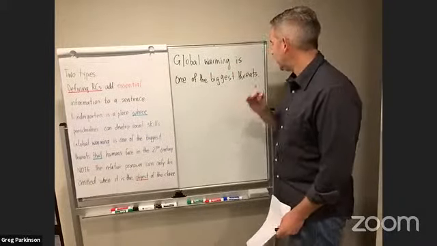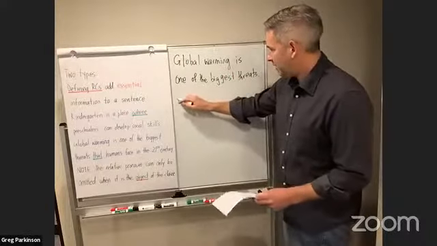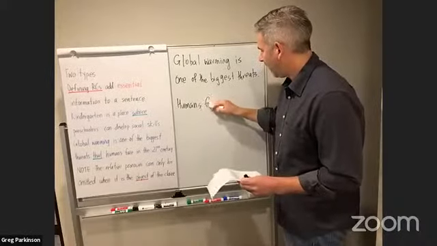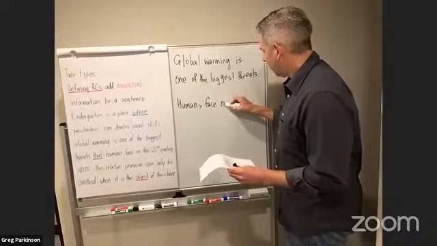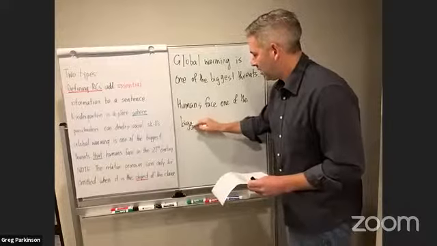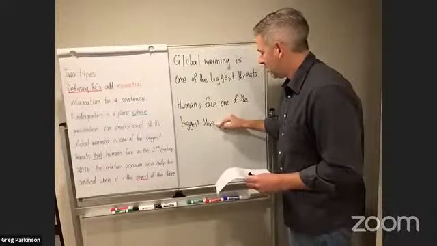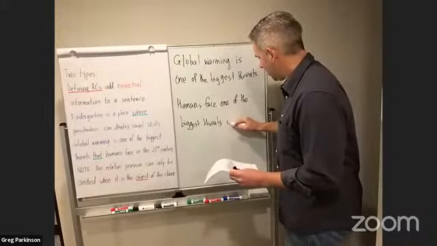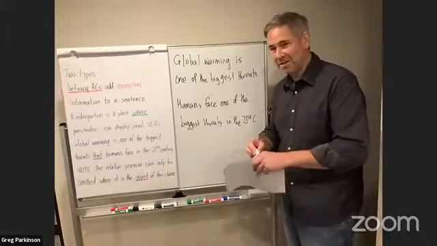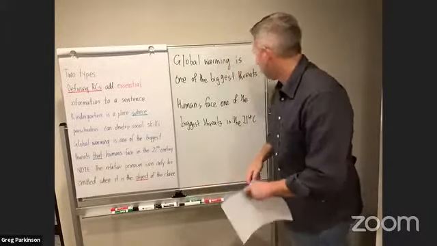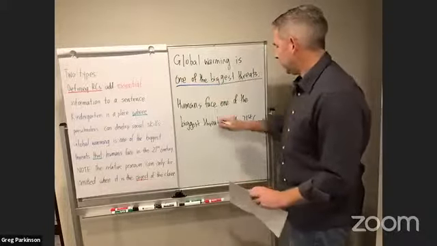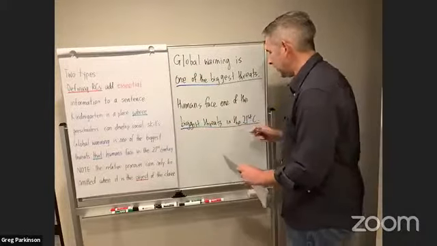So global warming is one of the biggest threats. And if we were to make a second sentence, we could say humans face one of the biggest threats. I'm not going to write out century, I'm just going to list it as C. Now, you can see what's been repeated here, right? So global warming is one of the biggest threats. Humans face one of the biggest threats in the 21st century.